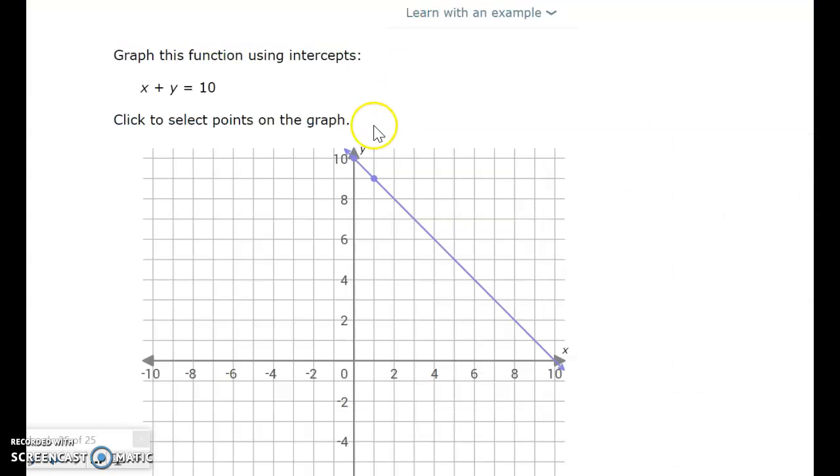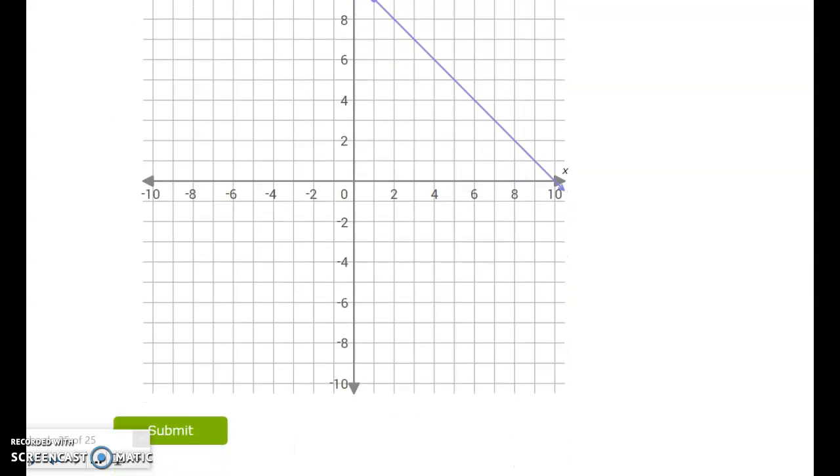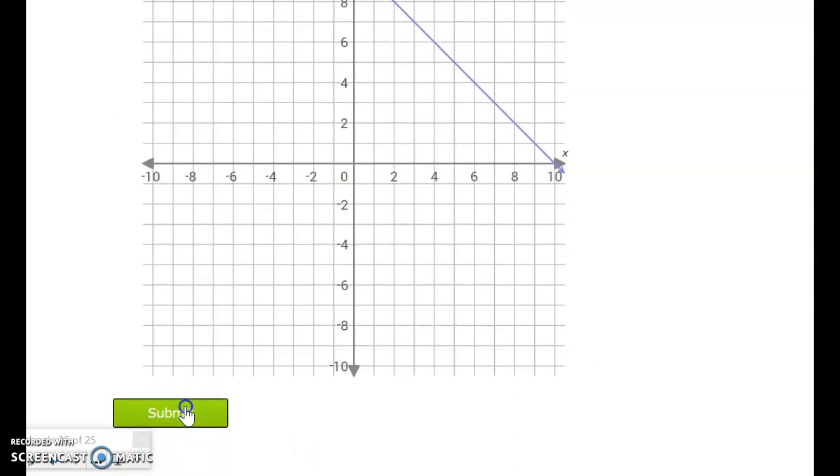And I could go back to IXL and do that exact same thing, and that would work. So those are two methods that we can use to graph from an equation that is not in y-intercept form.